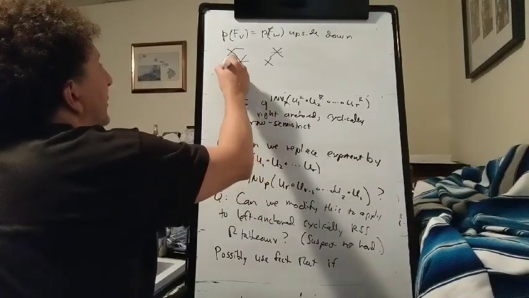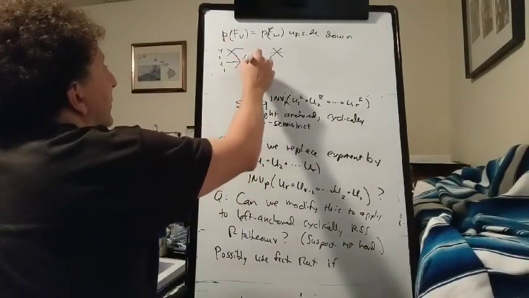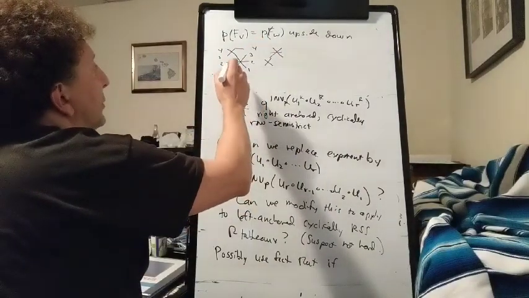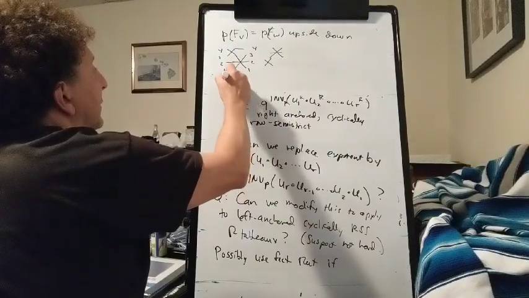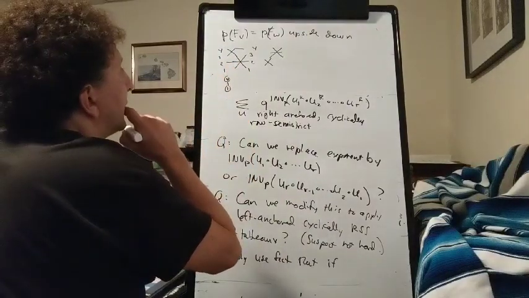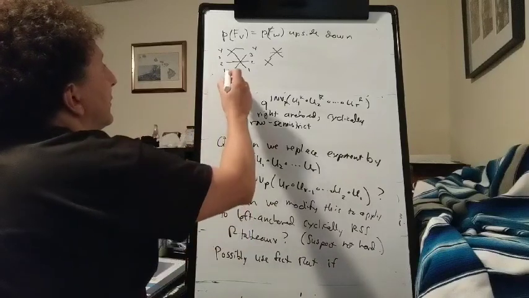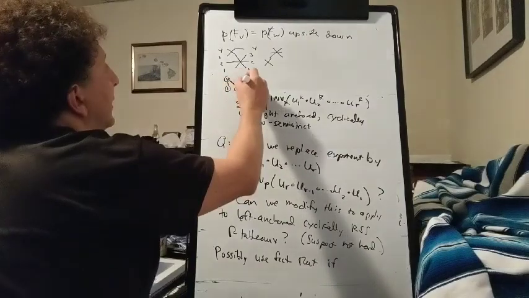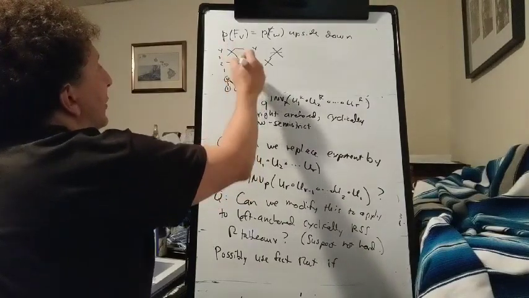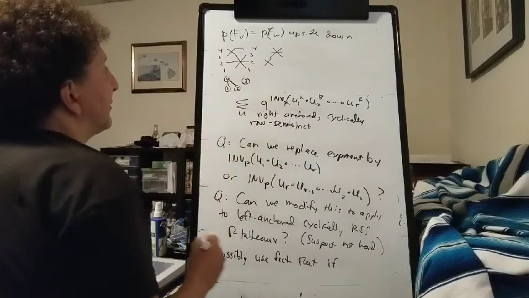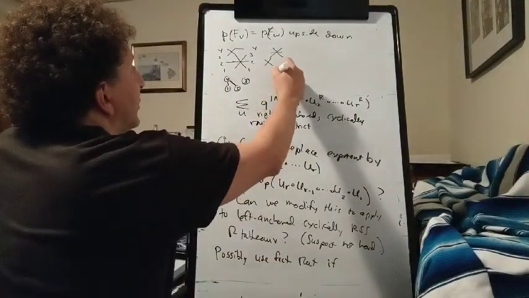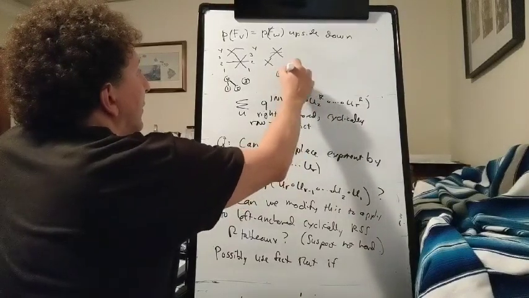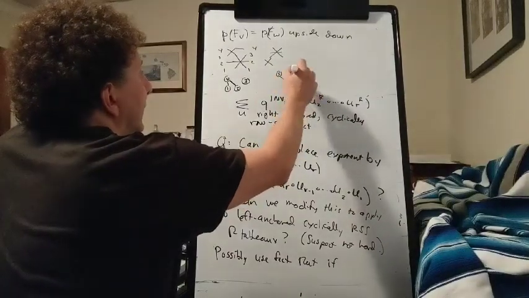So here we have this poset: 1 is incomparable to 2 and 3 but less than 4. And then 2 is less than 4 also, and 3 touches 4 and touches 1 and 2, so it's incomparable to everything. And then this poset would be like that.